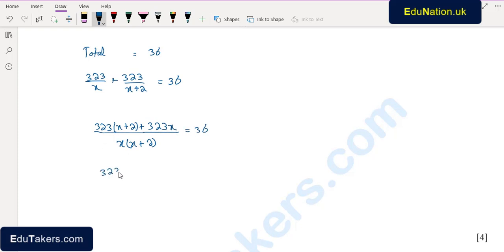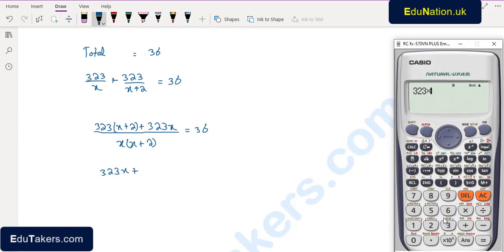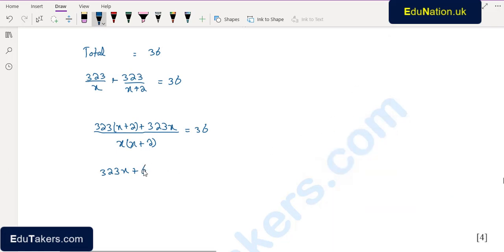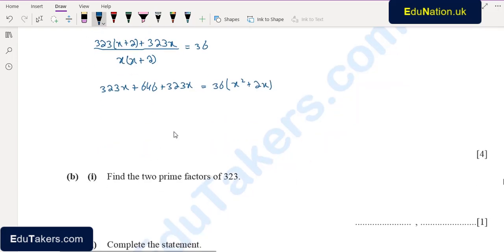This will be 323x plus 323 times 2 is 646, plus 323x is equal to 36 into x squared plus 2x. This will be 646x plus 646 is equal to 36x squared plus 72x.